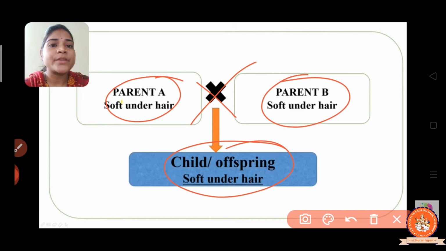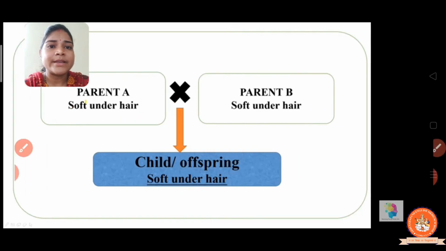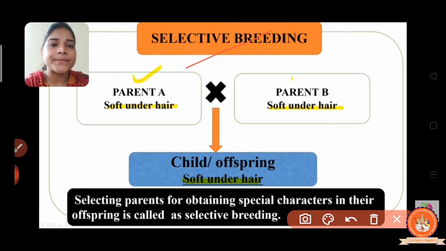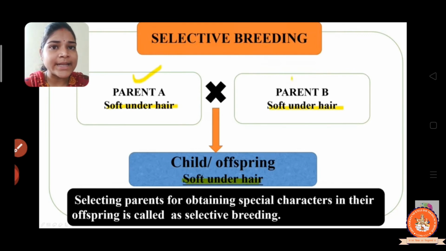So we cross parent A and parent B, which are soft under hair, and get offspring of soft under hair, right? This process is called selective breeding. Selective parents with a special character, the soft under hair, pass it on to their offspring.